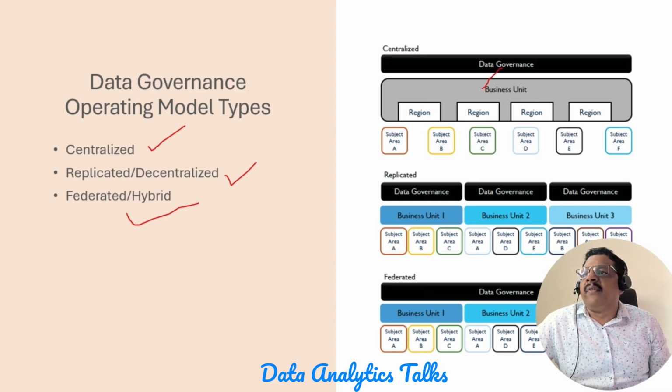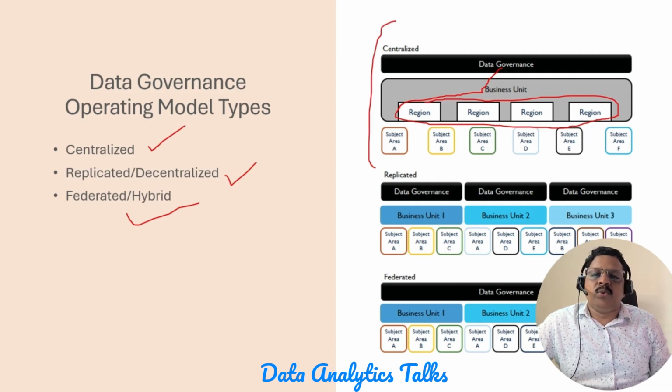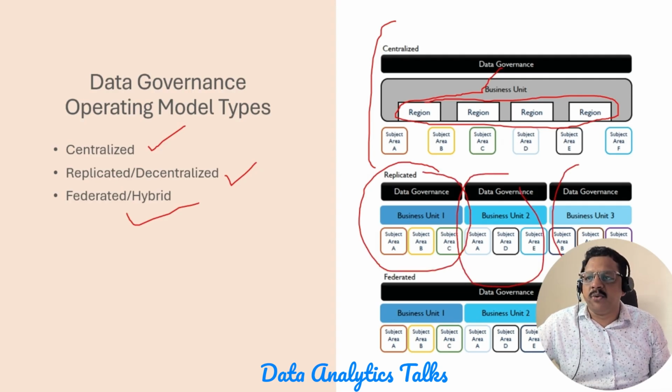You can see the data governance overseeing all the activities in all the business units and all the subject areas. That's the centralized one. Coming to the replicated model, the same data governance operating model and standards are adopted by each business unit. Business unit A, business unit B, and business unit C have replicated the centralized model for their business unit.